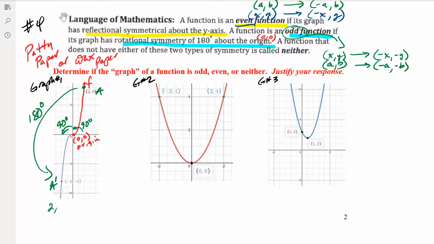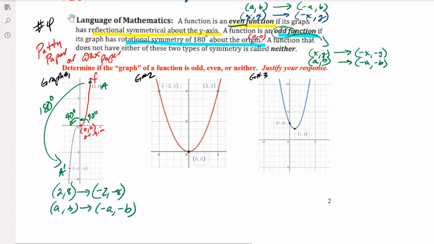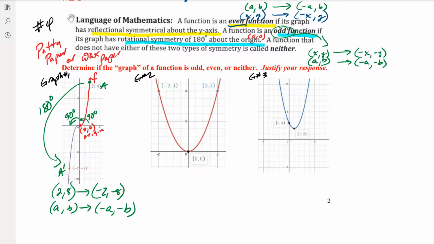When you see a point transformed to its opposite, A comma B gets transformed to the opposite of A comma the opposite of B. When that happens, the function is called odd because it has rotational symmetry about the origin. So this indicates that you have an odd function.